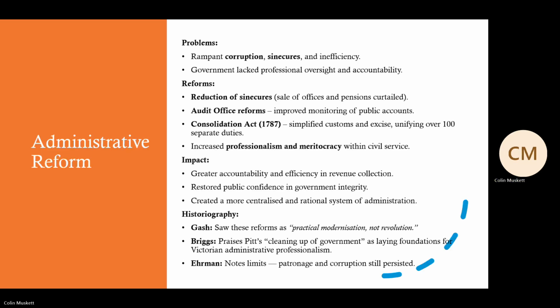So what were the problems in terms of the machinery of government, within the administration of government? Rampant corruption, sinecures. So if you remember, and you can find this in the main textbook, all of these terms are defined for you.